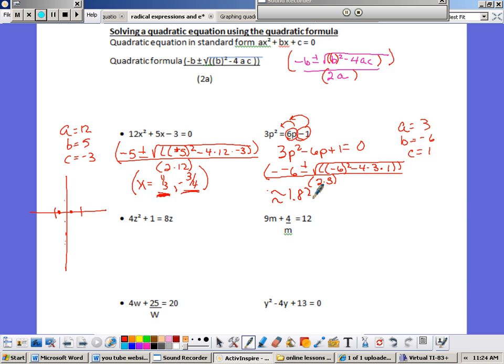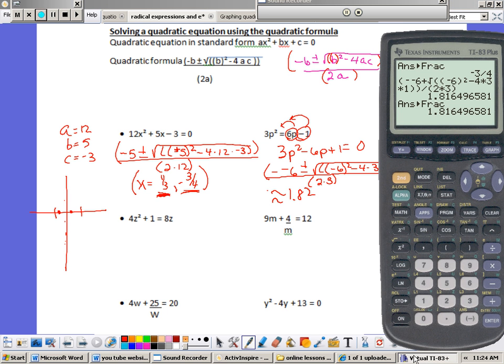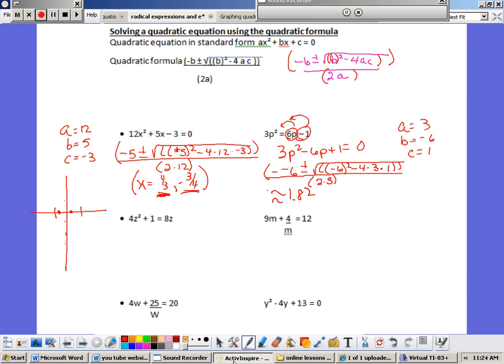Approximately 1.82. Pull that up, hit second enter, go back and do my subtraction on that. 0.18. And notice I put the approximation signs in.